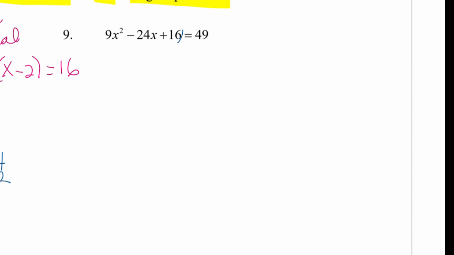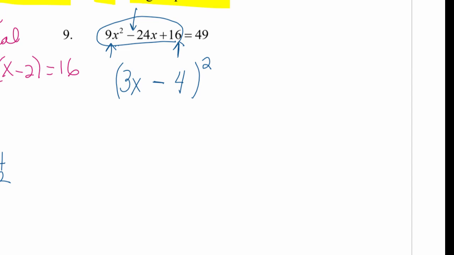Okay, so this trinomial on the left looks pretty complicated, but it's a perfect square. What do we square here? We squared a 3x. What do we square to get a 16? We squared a 4. Our middle term is negative, so we need a negative. Now let's check to see if we get the right middle term here.